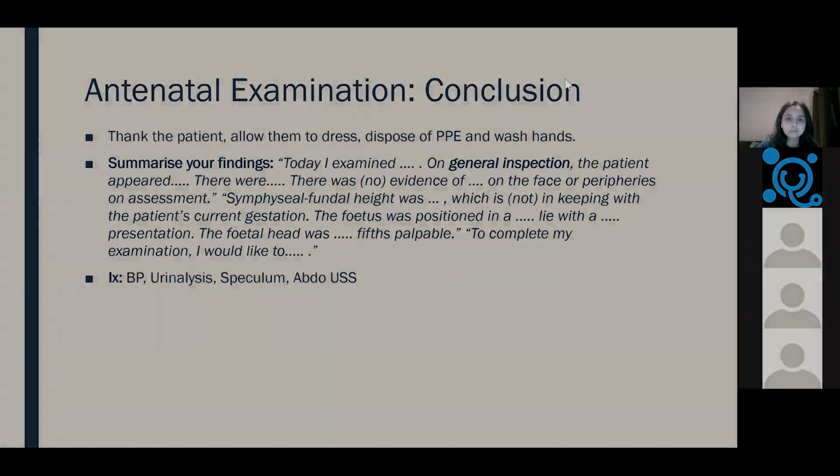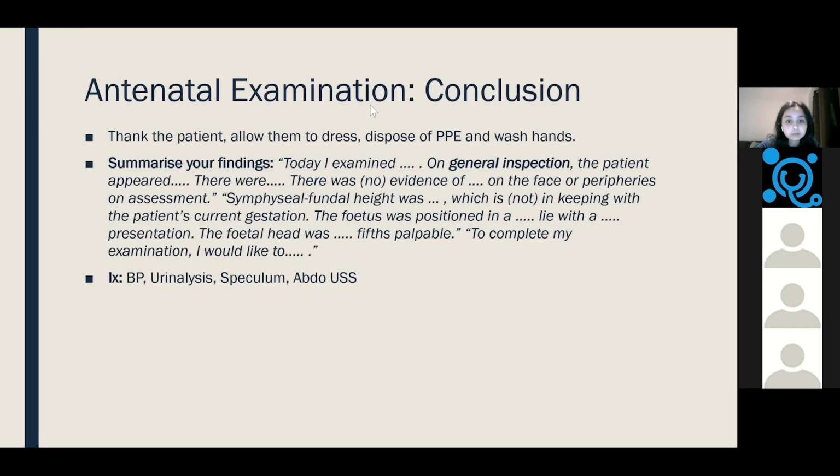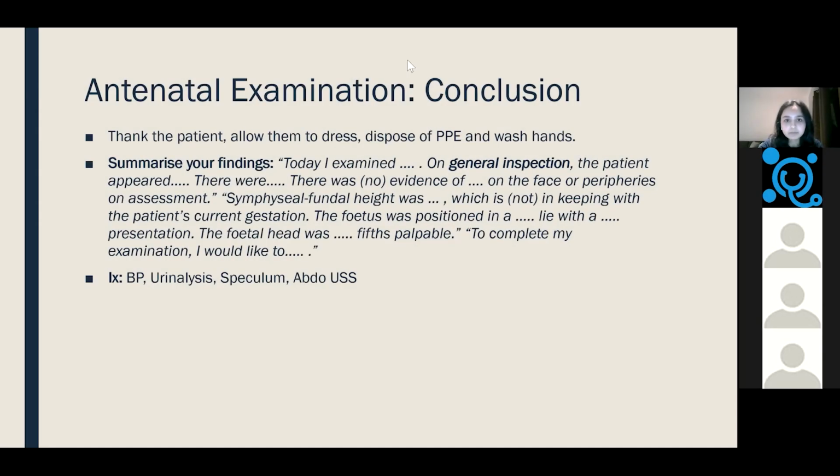Nice. Anything else? Come on, there aren't many of us. Yes, exactly. Feeling faint. What else could they present with? Worried about not feeling the baby's movements? Yes, that's great.